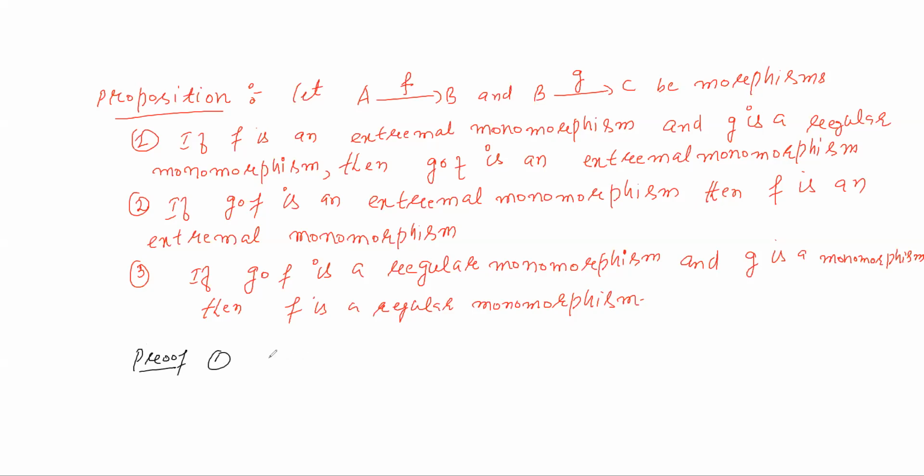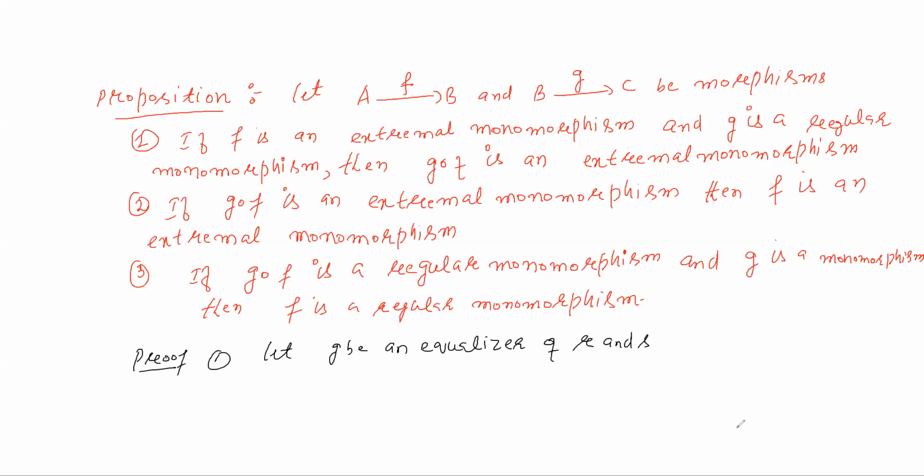So it means g is an equalizer of some pair of morphisms r and s. So let g be an equalizer of the morphisms r and s.